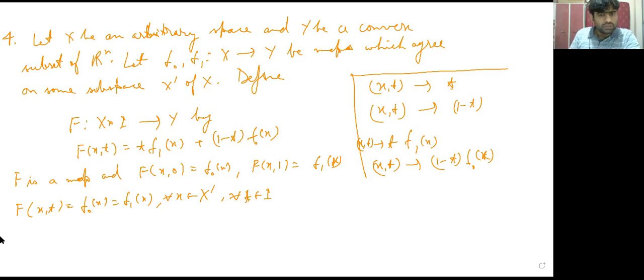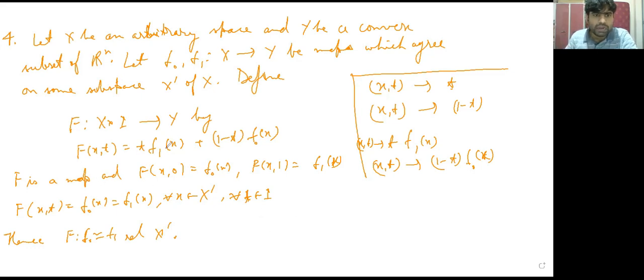So hence capital F is a homotopy from f naught to f1 relative to x prime.